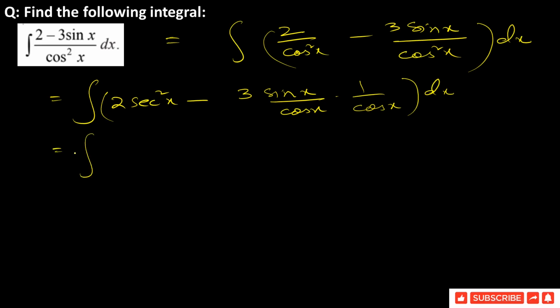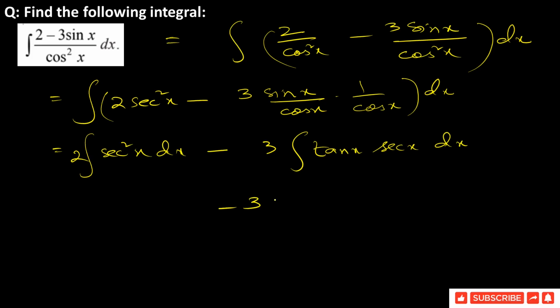We separate them. 2 secant square x dx minus 3, where sin x upon cos x is tan x and 1 upon cos x is secant x. You remember the formula for the integral of tan x secant x? That will be secant x.